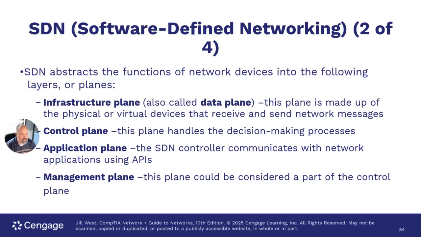The application plane is where the SDN controller talks to network applications using APIs. And I would say that those are really the corporate suite having board meetings. And then the management plane handles monitoring and configuration, which is kind of like HR keeping track of all the employees.